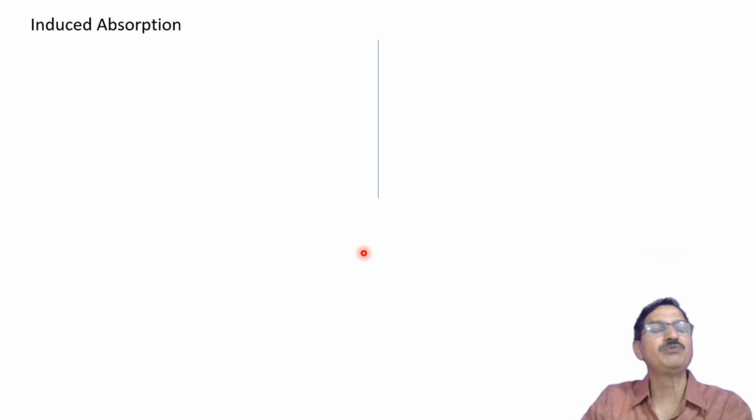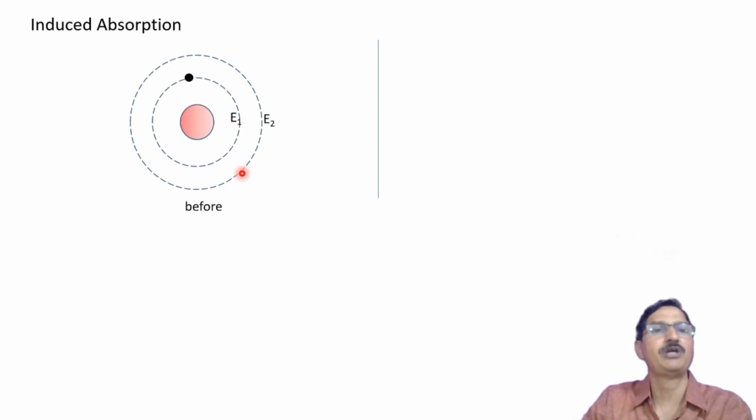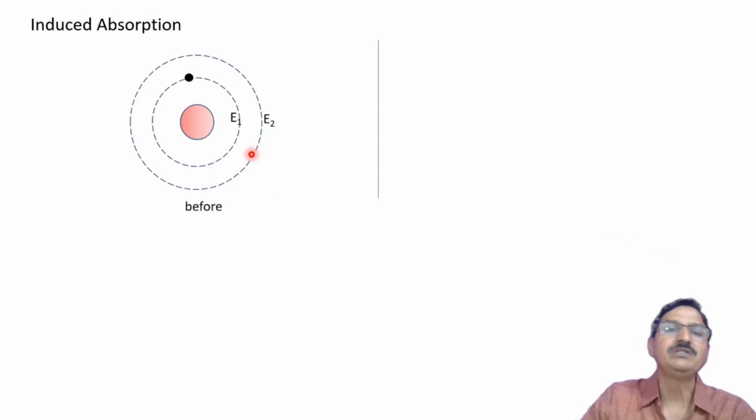The first phenomenon is induced absorption. In this diagram, we can see that the nucleus is at the center, and we have shown two orbits in which an electron can revolve. The first orbit has the energy E1 and the second orbit has the energy E2. The electron is revolving in the first orbit.